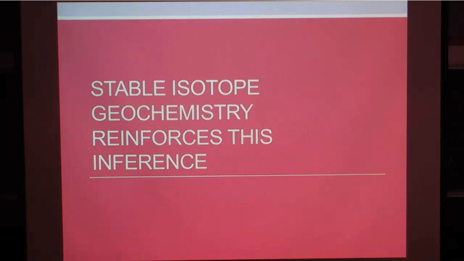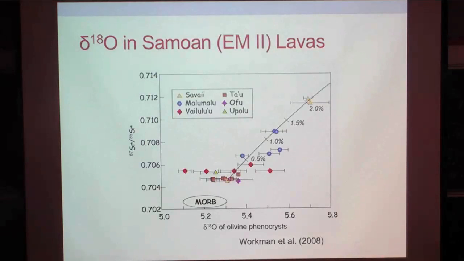Okay, so now I want to talk a little bit about stable isotope geochemistry. That's going to reinforce the inference that the origin of heterogeneity we see in oceanic island basalts, mantle plumes, if you will, is produced mainly in the upper mantle. As Annette mentioned to you, the degree to which you can fractionate stable isotopes is related to the inverse square of temperature.